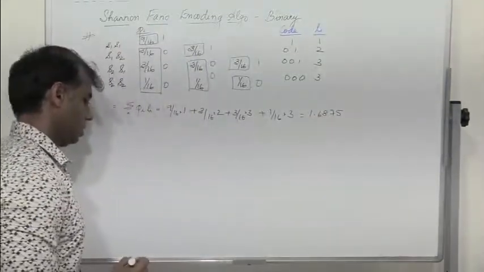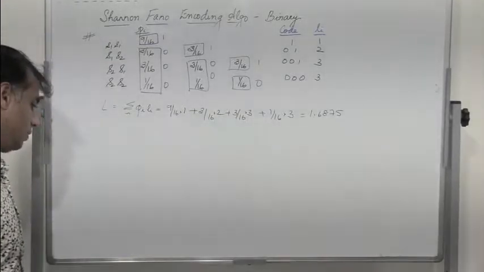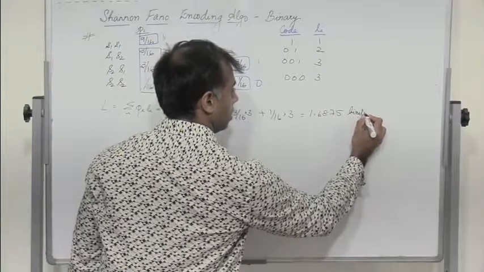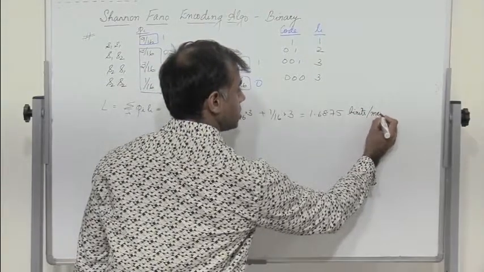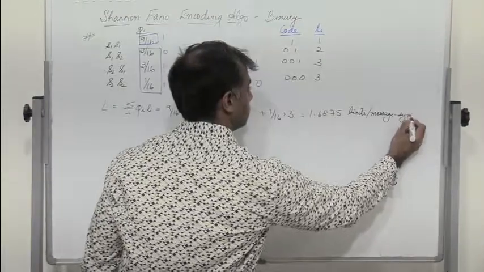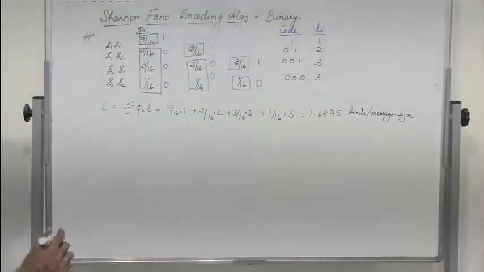So we get 1.6875 binary units per message symbol. Please calculate and check the answer.